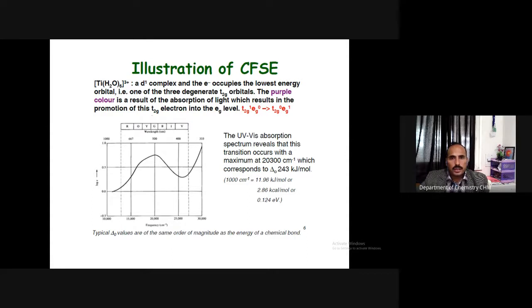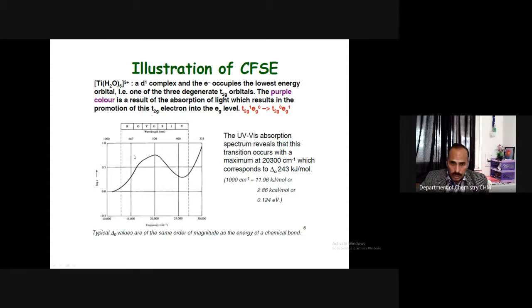So in nanometer it is around 500 nanometer, and in centimeter inverse, this scale, it is 20,300, which corresponds to about 243 kilojoules per mole. There are other conversion factors given over here: 1000 centimeter inverse is generally 11.96 kilojoules per mole, or 2.86 kilocalories per mole, or 0.124 electron volt.